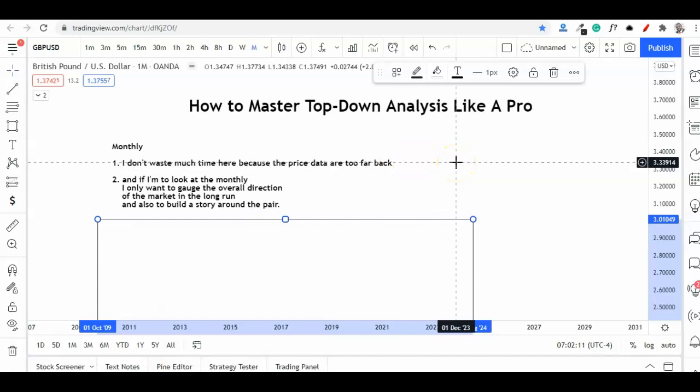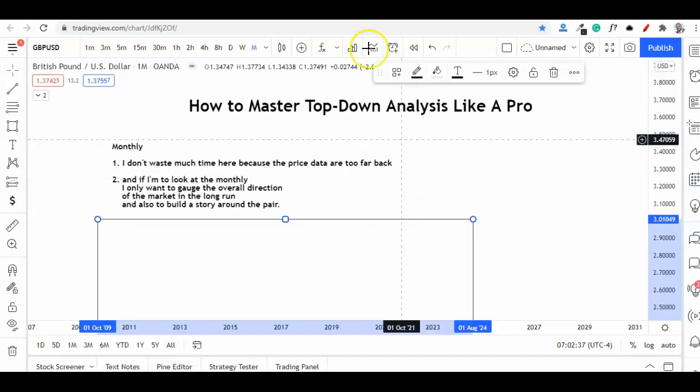Looking at the monthly, you have 10 months away, 1 year away, and so on. Those price data are just too far for me to really analyze and have a better outlook of the market. But if there's anything to look at, I only want to gauge the overall direction of the market in the long run, and also build a story around it.